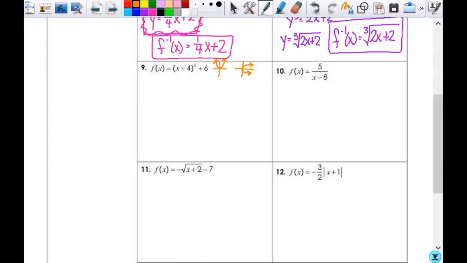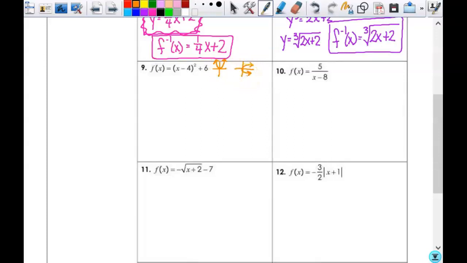Is that a function? The answer to that is no, because this passes the vertical line test and it fails the horizontal line test. So even if I didn't draw that, I know it fails the horizontal line test. It's not an inverse function because it has an inverse relation, but that inverse relation fails the vertical line test.